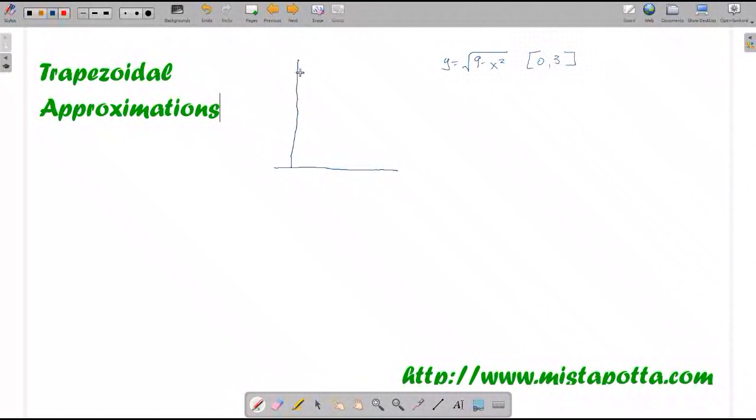But when I graph this function, which is the top corner of a circle, on my domain, instead of looking at rectangles, I am still going to look at my function at f of 0, f of 1, f of 2, and f of 3. But I'm going to think of these in terms of trapezoids.